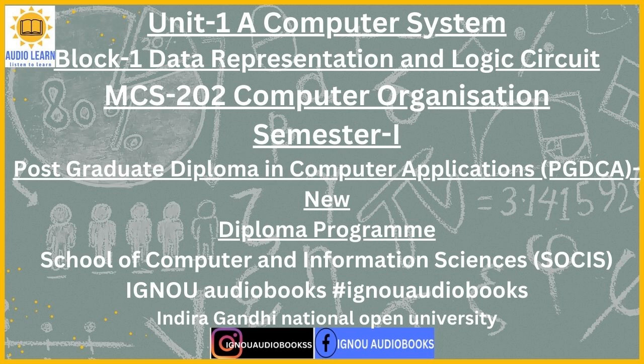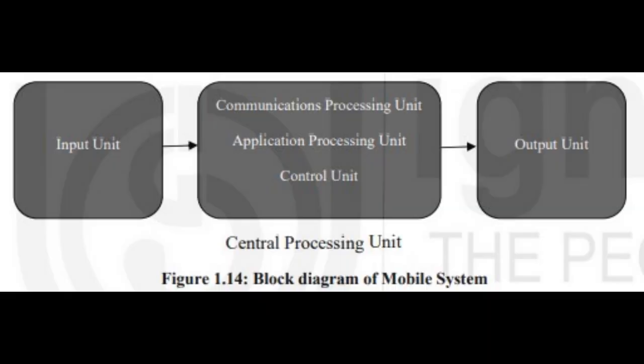The input unit could be a keyboard-based or a touchscreen-based input mechanism, and the output unit can be a screen or audio or video system. However, the CPU in the case of mobiles can be considered to have two processing units, a communications processing unit and an applications processing unit, to cater to mobile calls and handle the various applications available in the form of apps.